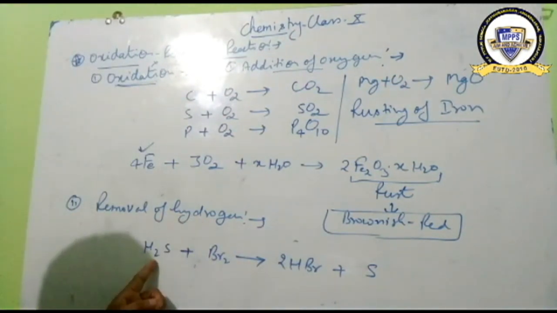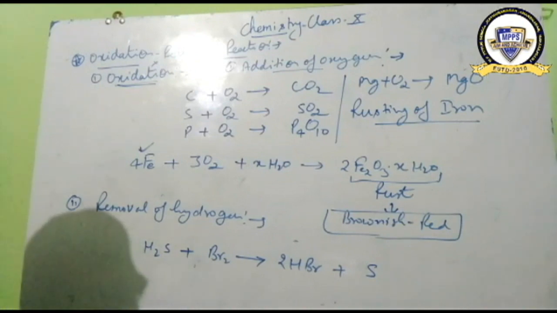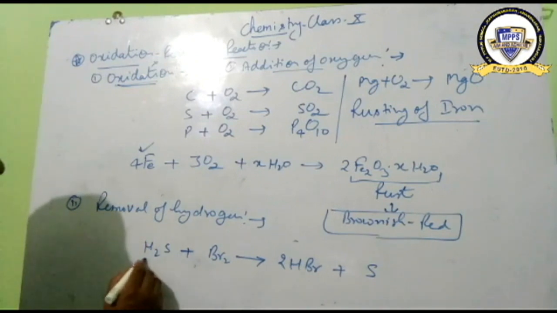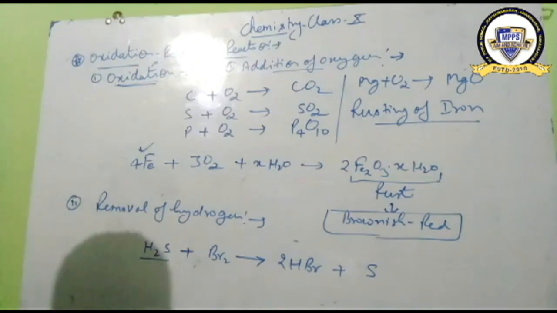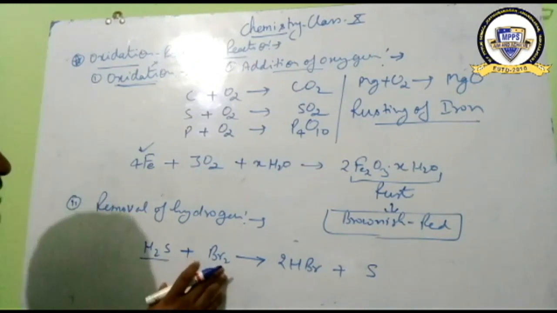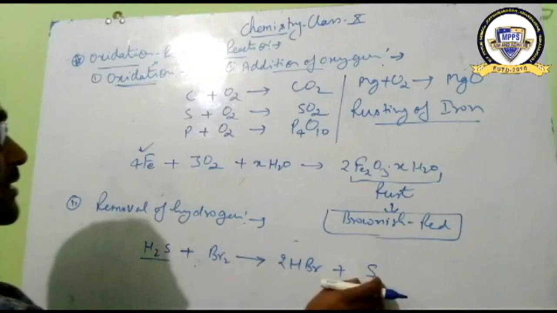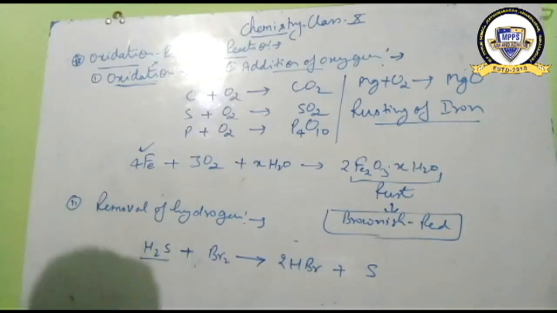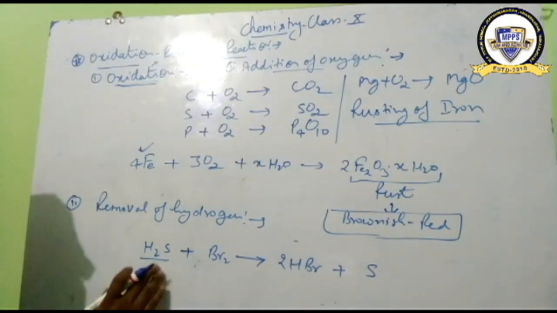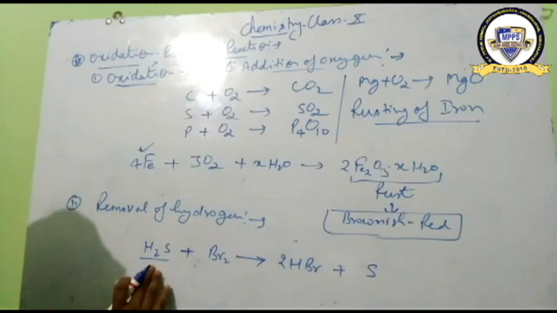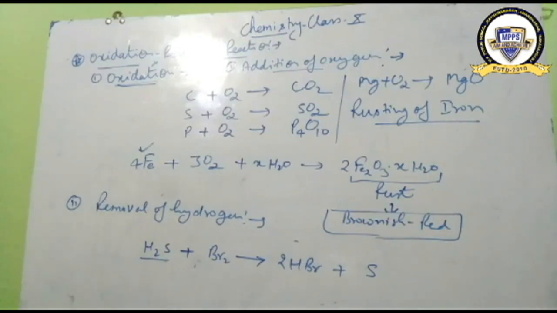Removal of hydrogen takes place in this reaction. You can see that the hydrogen in hydrogen sulfide is removed in the presence of bromine, and only sulfur remains in the product. That's why removal of hydrogen from hydrogen sulfide takes place. It means oxidation of hydrogen sulfide takes place.